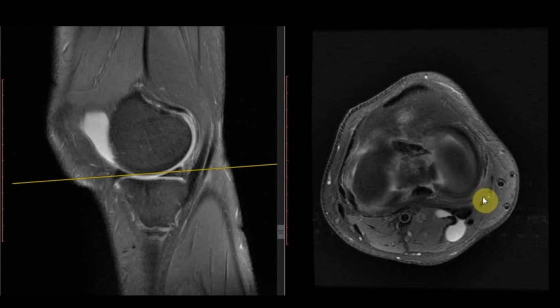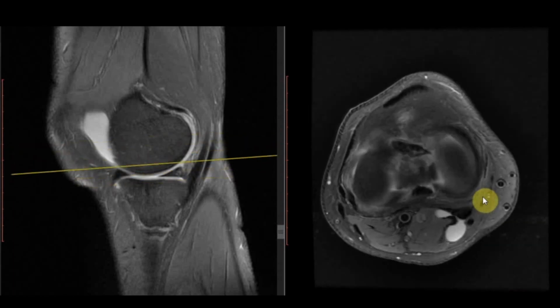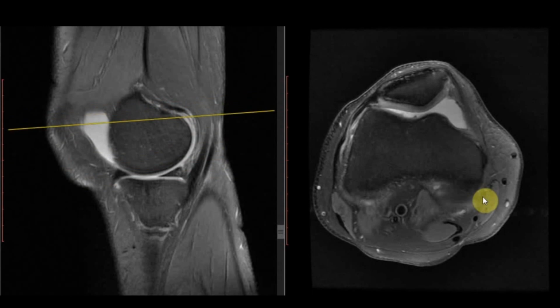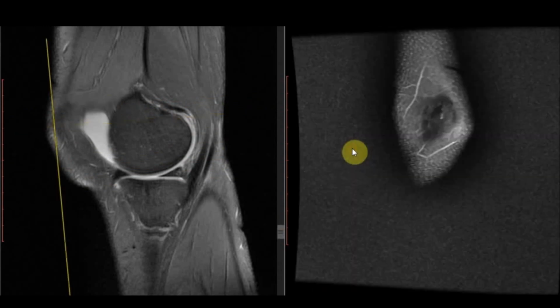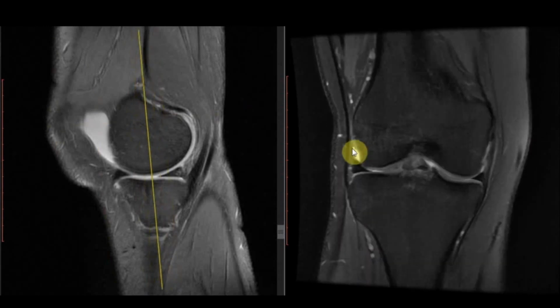So there is a sprain involving the posteromedial corner structures. However, rest of the areas are normal. There is slight edema overlying the superficial medial collateral ligament.